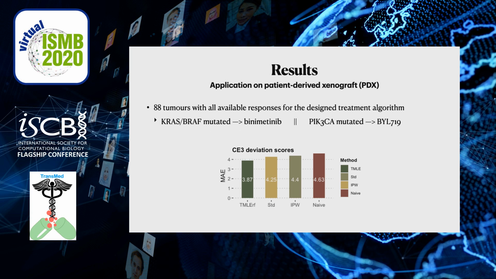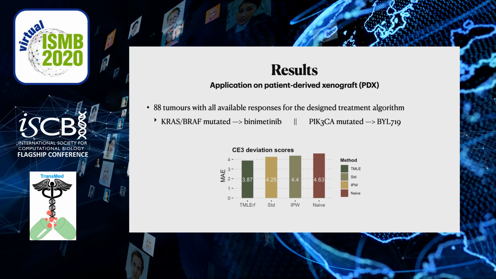Then an example on PDX. So we focus on some PDX for which we have an example treatment algorithm based on KRAS and PI3K mutations. And in this case, we can compare the estimation we have of the precision medicine effect versus what we can compute with our methods.